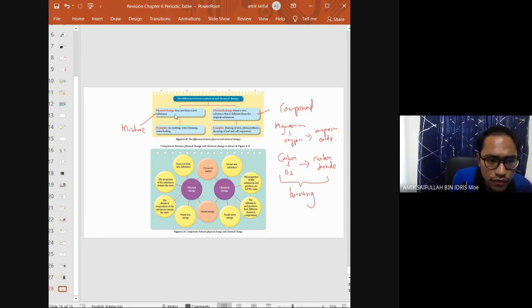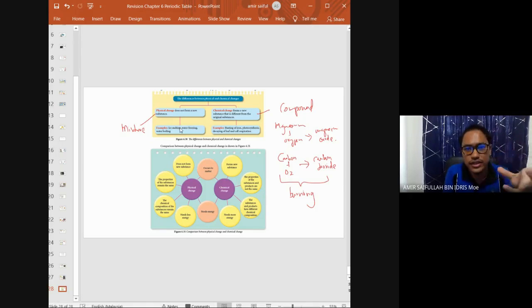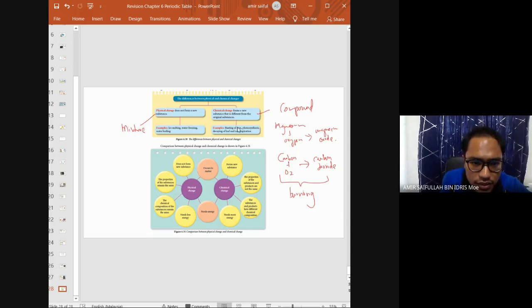Okay. So for example, physical change is ice melting, water freezing, water boiling. They are still water. They are not changing to a different element or different compound. They are still the same thing, H2O. They are just changing the structure only. But chemical change is like rusting of iron.